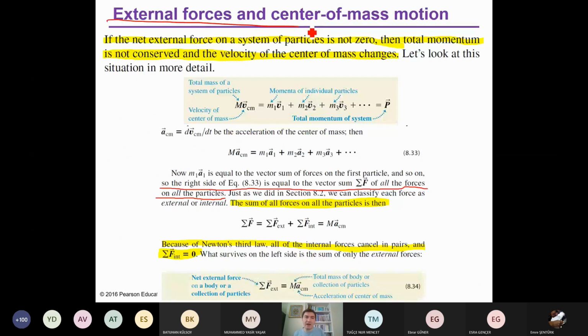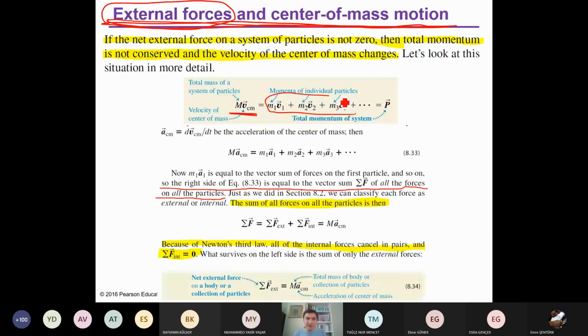Up to now, I have considered that external forces are 0. I have considered that there is no external force acting on the system. But what happens if the external force is not 0? Here we have this expression: M v center of mass is equal to the total momentum of the system.